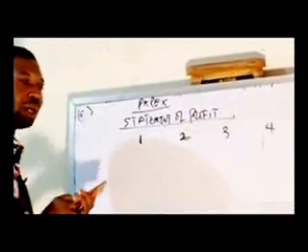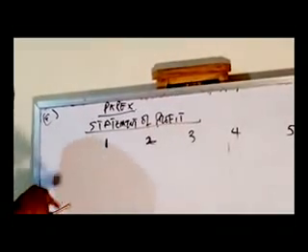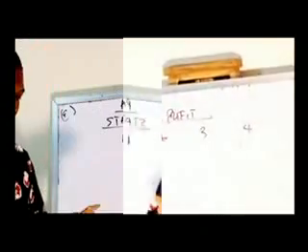They say you should calculate from year 1 to 5, 1, 2, 3, 4, 5. So in that case, we are going to determine the profit or loss.